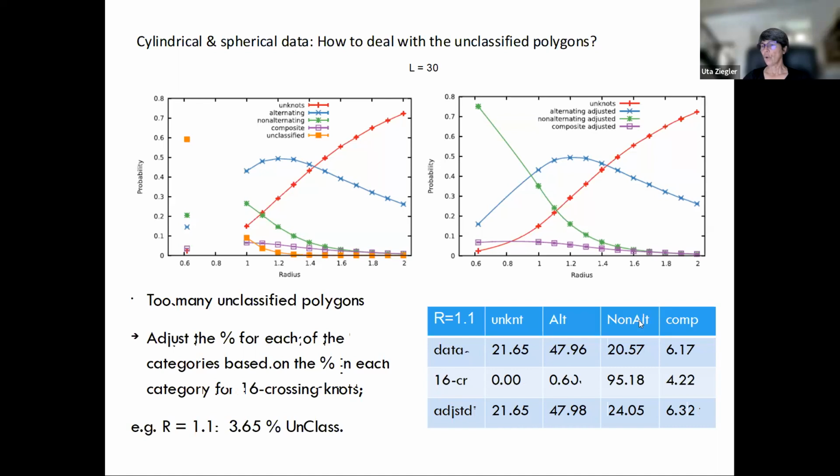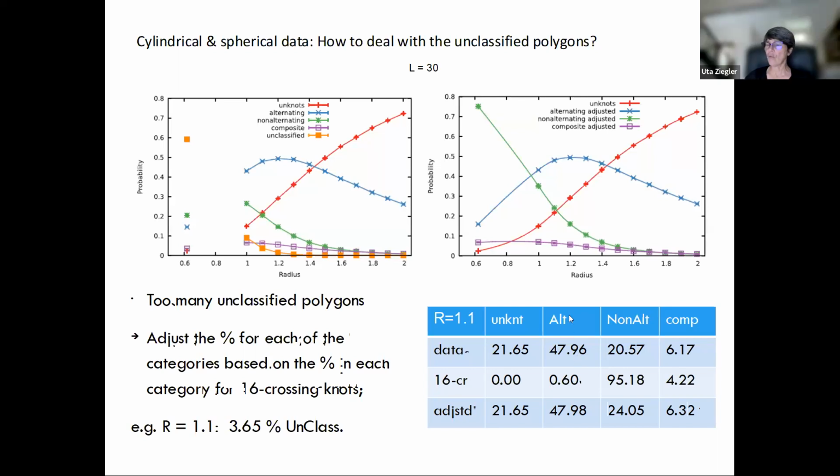And note here is that when we looked at 14, 15, and 16 crossing knots for those radii of confinement and the cylindrical data, the non-alternating knots were still increasing in percentage, and the composite and the alternating knots were already decreasing. So 14 had a higher composite knot percentage than 16. 14 had a higher alternating knot percentage than 16.